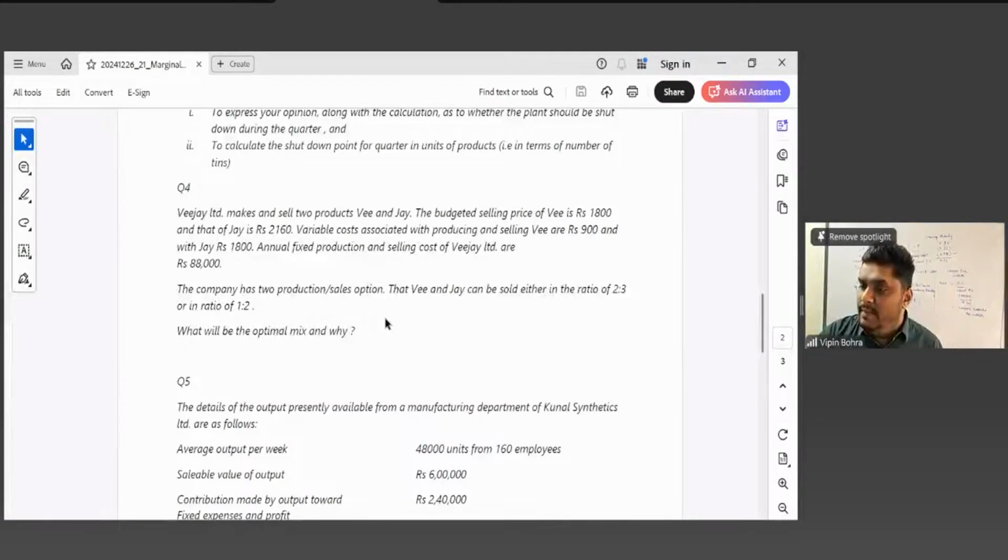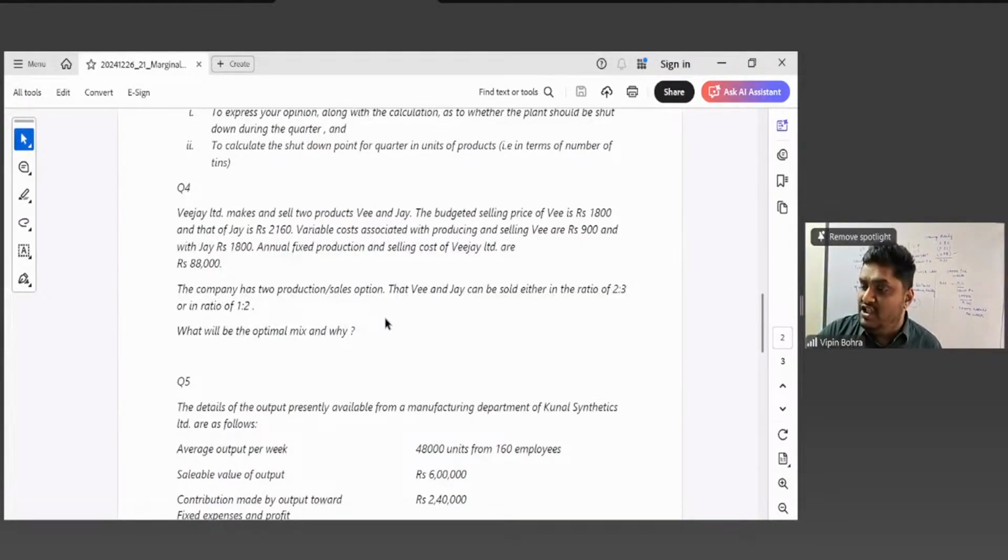Vijay Limited makes and sells two products, V and J. The budgeted selling price of V is 1800 and that of J is 2160. The variable cost associated with producing and selling V is 900 and that of J is 1800.